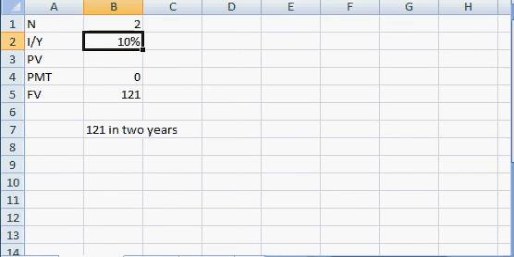Now, what if this 10% rate isn't 10% per year, but 10% per year compounded semi-annually, like a bond? In that case, we're doing semi-annual units, so now our time has to be 4. We have 4 six-month periods in our 2 years, and we're getting 10% per year compounded semi-annually, so that means we get 5% per 6 months.